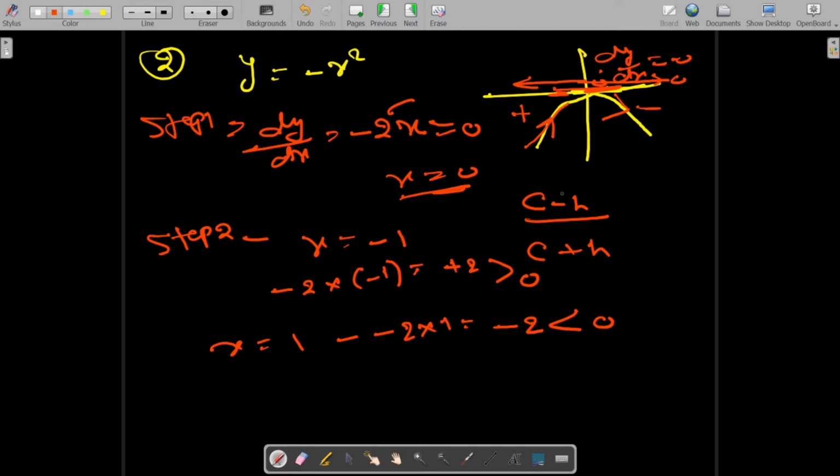So just before that point, which is c minus h, it is giving greater than 0, and after it is giving less than 0. That means it is going from positive to negative. So it confirms that point C is a point of maxima, and that particular point will give a maximum value.